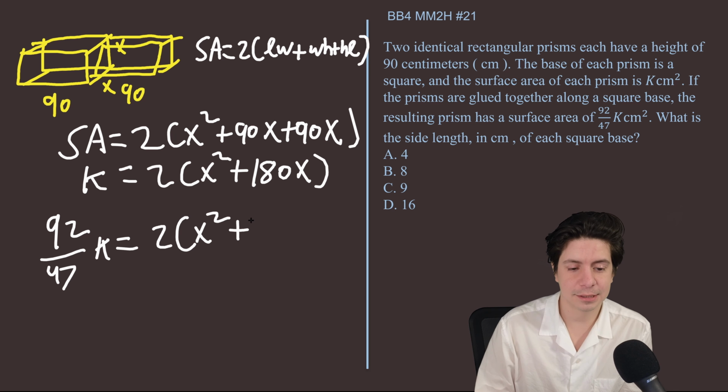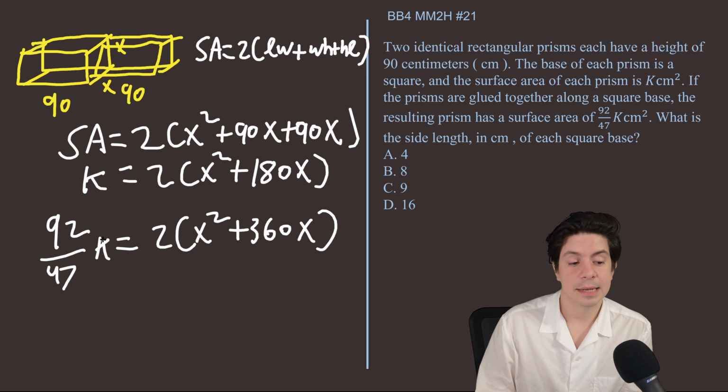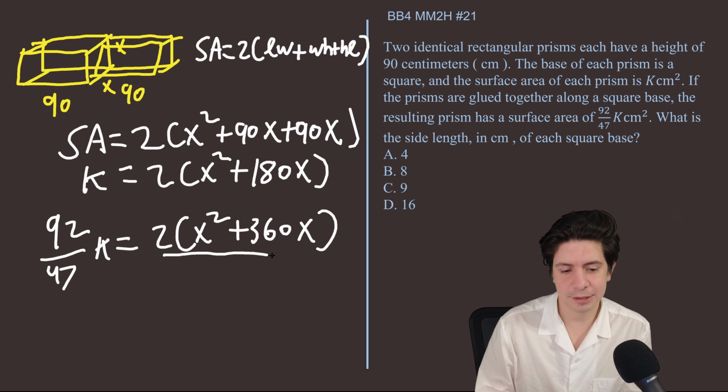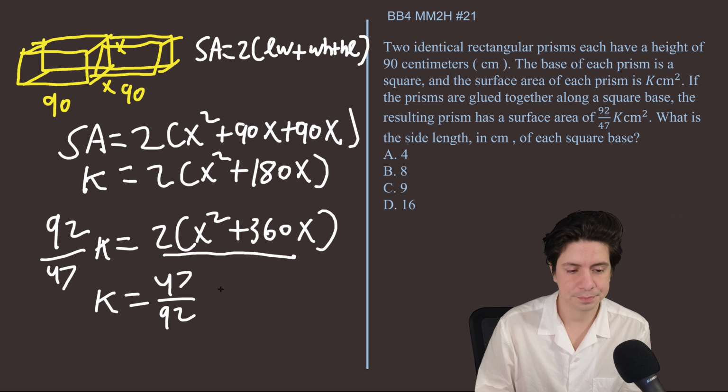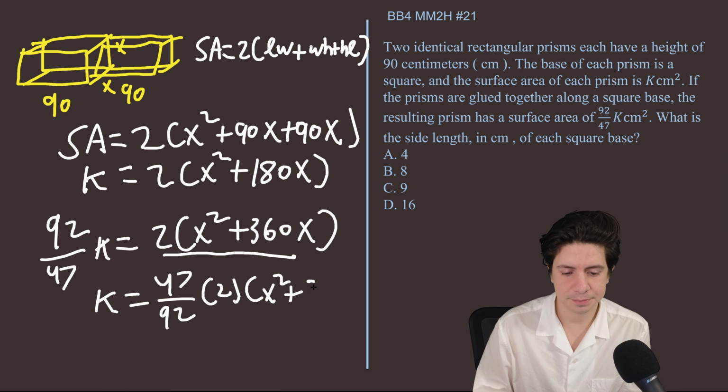So instead of 180, it's going to be 360x. Now what you can do is multiply this equation here by 47 over 92 to just get it equal to k, and then set them equal to each other. So we're going to have k equals 47 over 92 times 2 times x squared plus 360x.